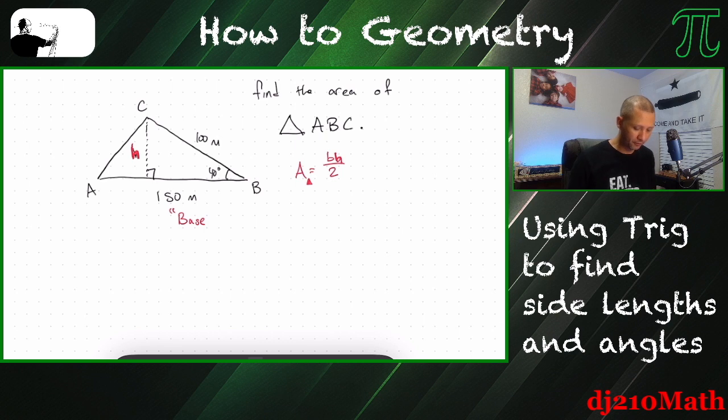Some other pieces of information we're given are 100 meters and 40 degrees, the measure of angle B. In relation to B, 100 is just the hypotenuse, and H is opposite of 40.